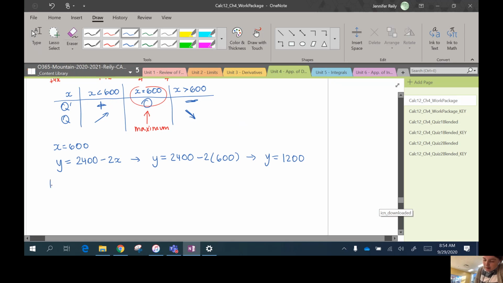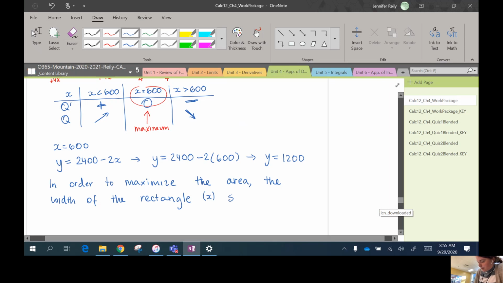So I'll just write my solution. In order to maximize the area, the width of the rectangle, and I'll just make it clear that in my diagram, I've labeled this x, should be 600 feet, and the length should be 1200 feet.